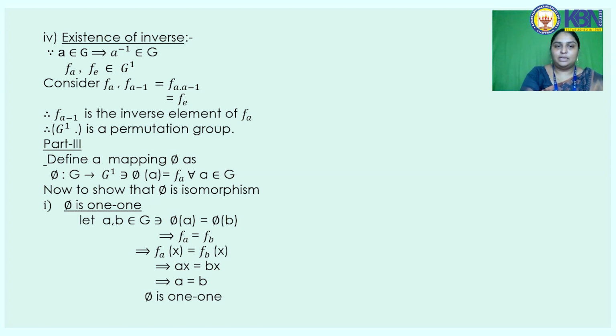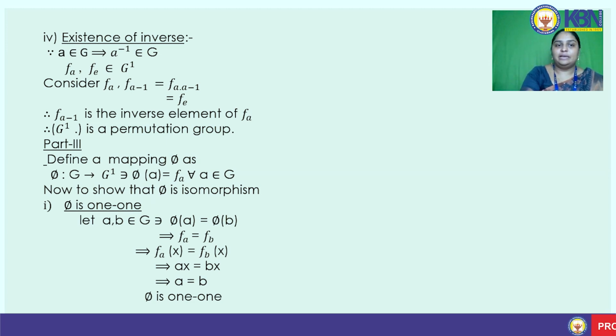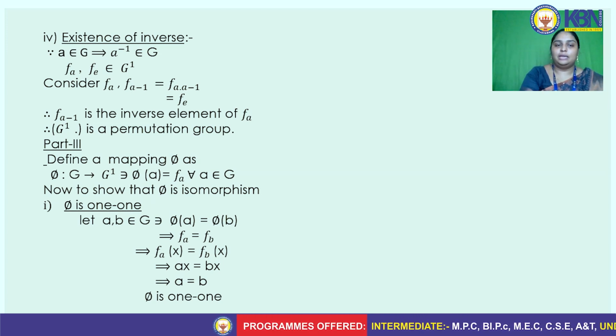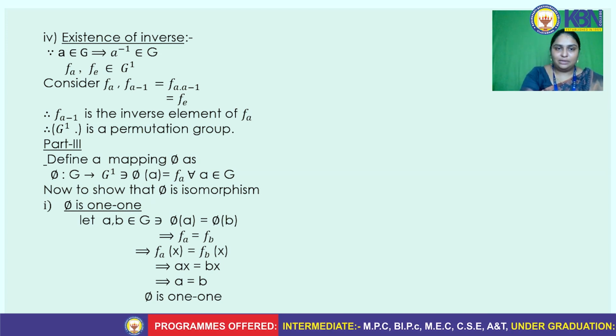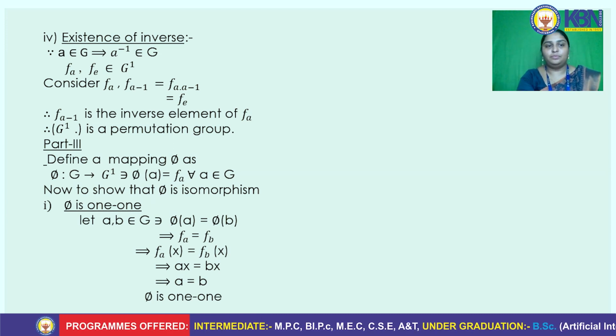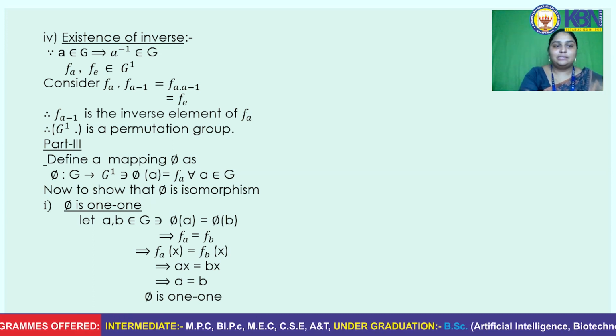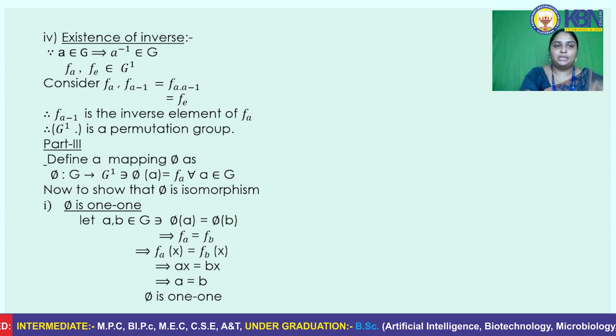That can be written as f_(a a inverse) from the property of closure law, which can be written as f_e. Therefore, f_a into f_a inverse equals f_e, which can be written as f_a inverse into f_a. Clearly, here f_a inverse is the inverse element of f_a. Hence, G' satisfies the inverse property.